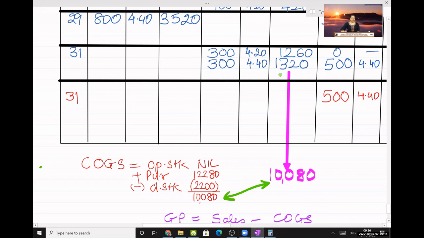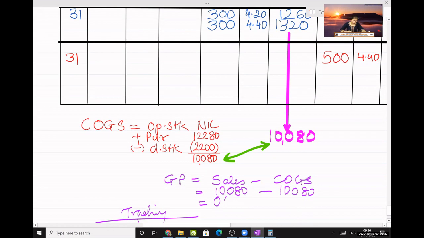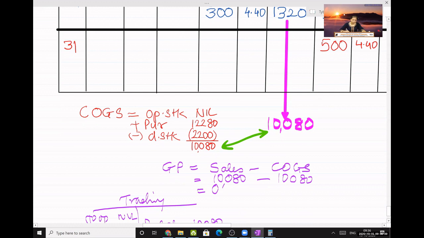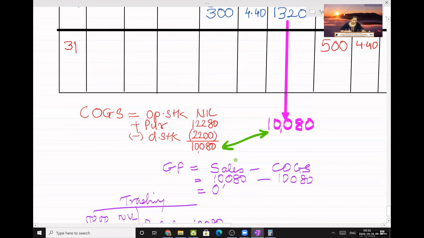Is it clear till here? Is the concept of COGS clear? Use the formula and also verify the answer. Now if GP of the same sum is asked without making a trading account, listen carefully. This is the formula to calculate GP: sales minus COGS. When I take GP, sales is at selling price.